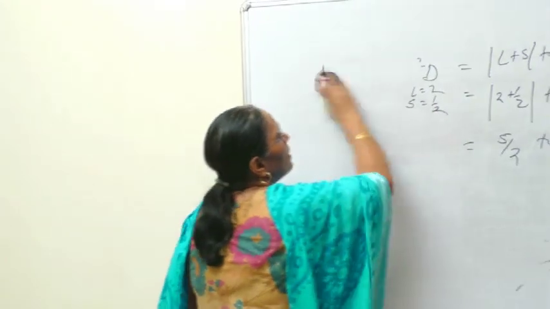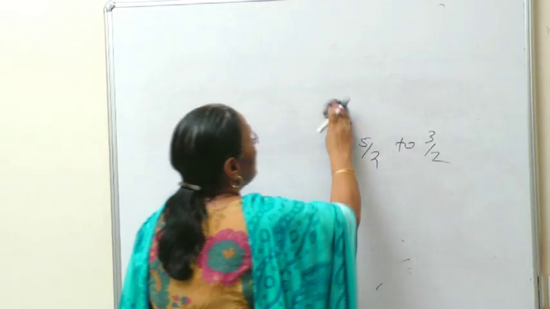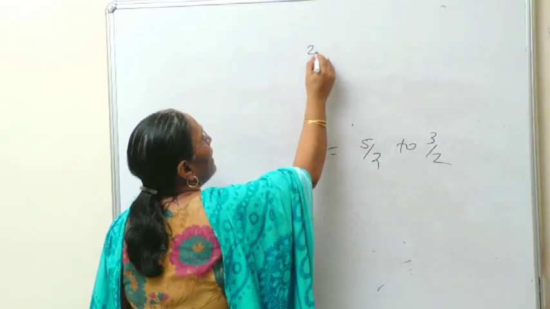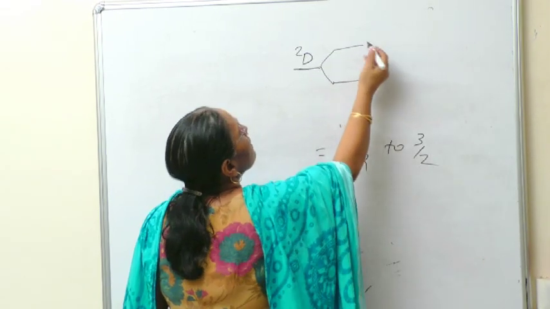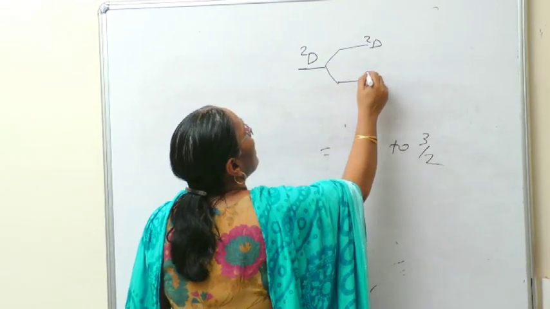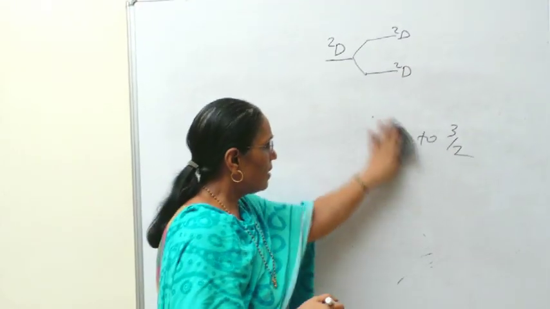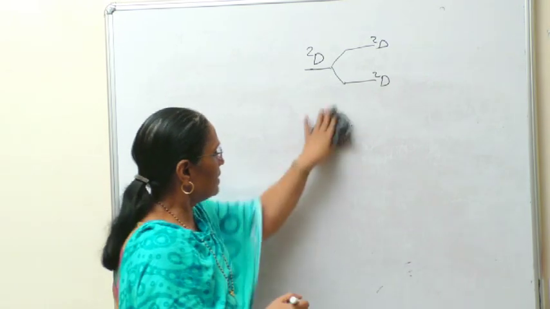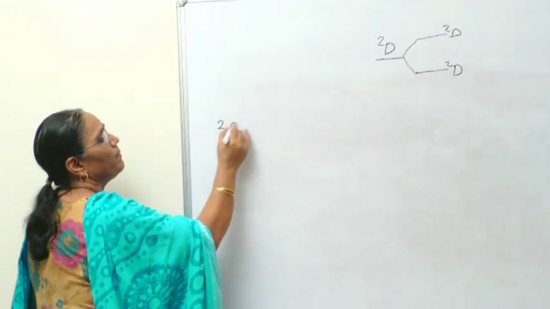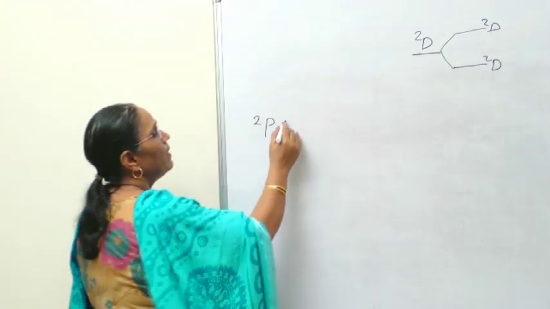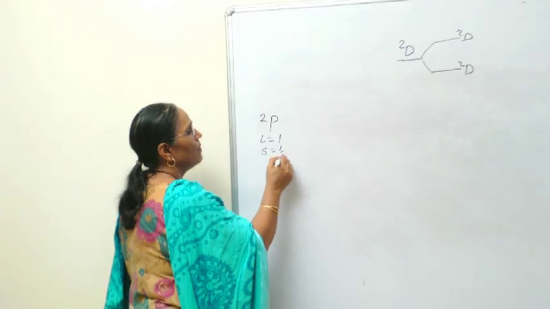So the doublet D term will be split into 2 energy levels, doublet D 5/2 and doublet D 3/2, and afterwards we will determine which is the ground and which is the highest energy level. Next, the second one is doublet P. For doublet P, L is equal to 1 and S is equal to 1/2.